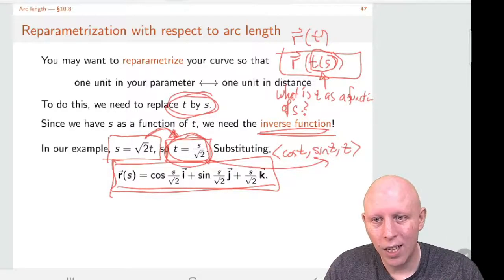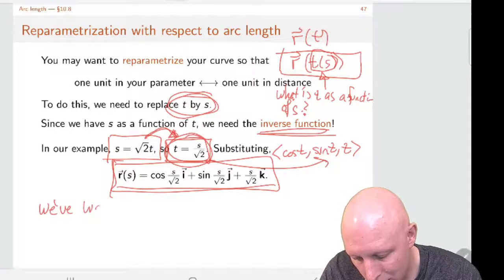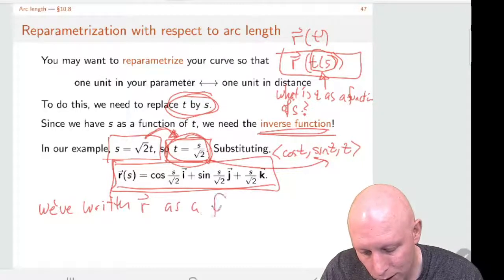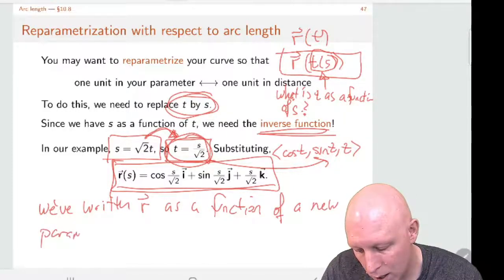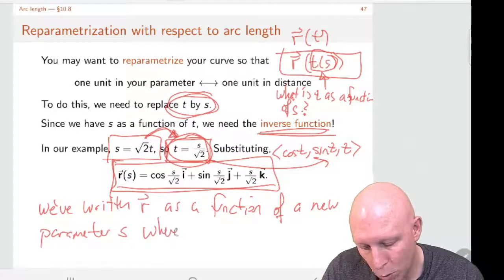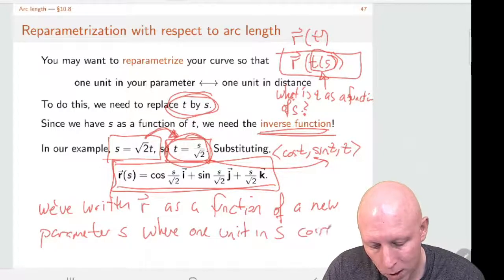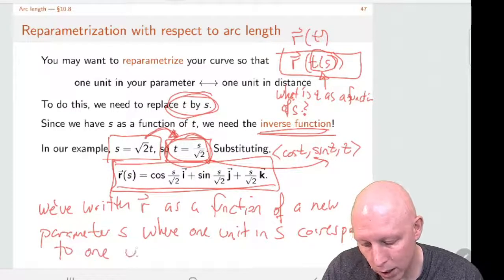Or, in other words, this now says that we've written r as a function of a new parameter s, where one unit in s corresponds to one unit of distance.